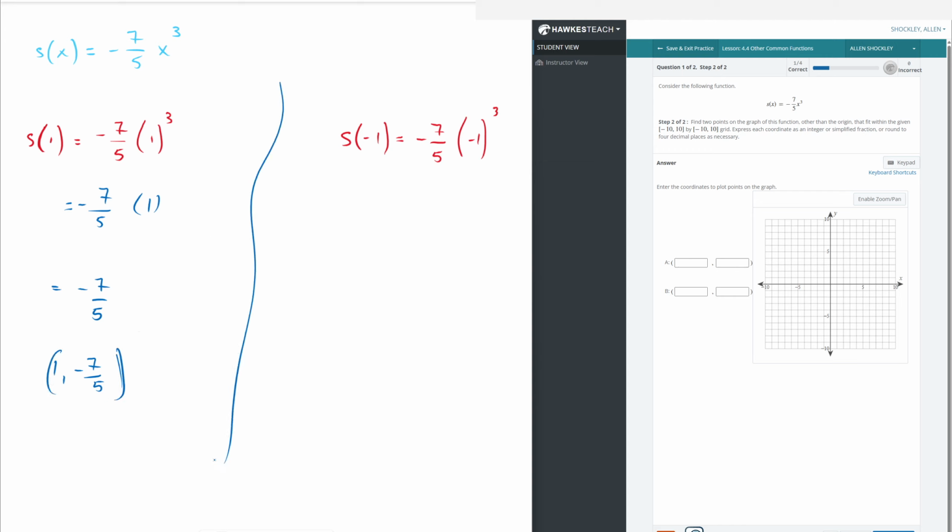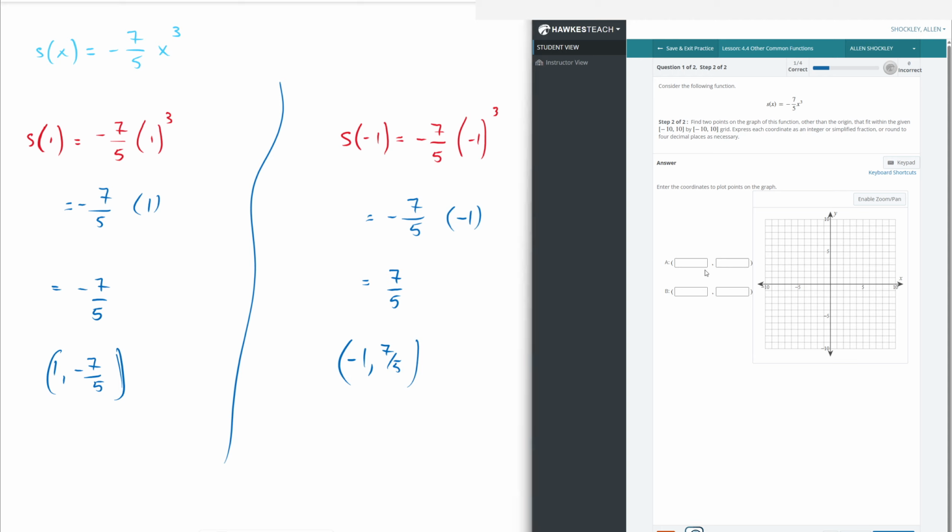On this right side, negative 1 times negative 1 times a negative 1 keeps that negative 1, times a negative 7 over 5, which now equals a positive 7 over 5. So the next coordinate we have is negative 1 and 7 over 5.